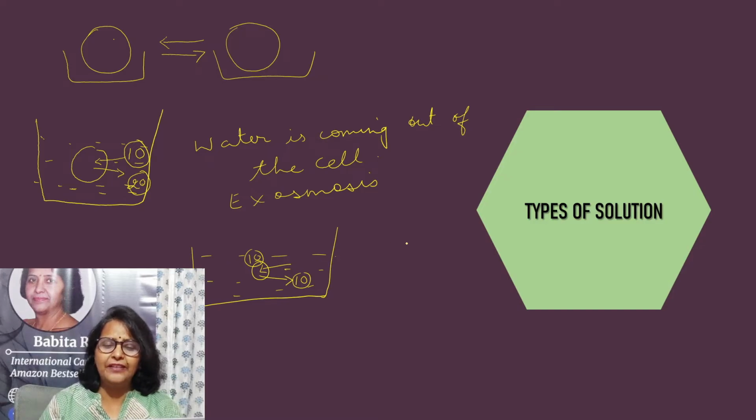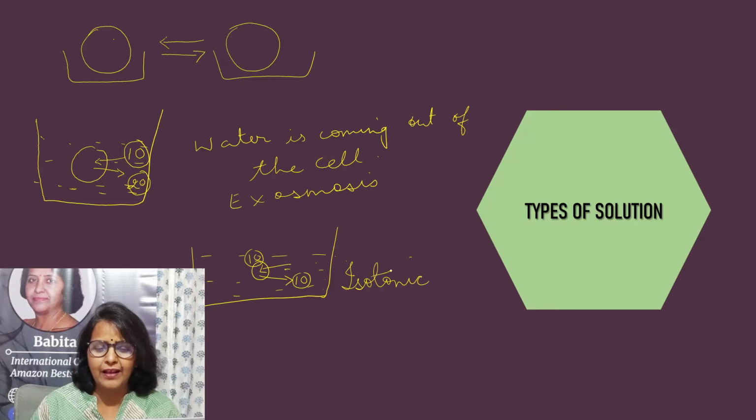The net result of movement of water is zero. So neither more water has gone inside, nor less water has come out. So equal amount of water goes inside, equal amount of water molecules comes out. So the solution that we have in this beaker is known as isotonic solution.